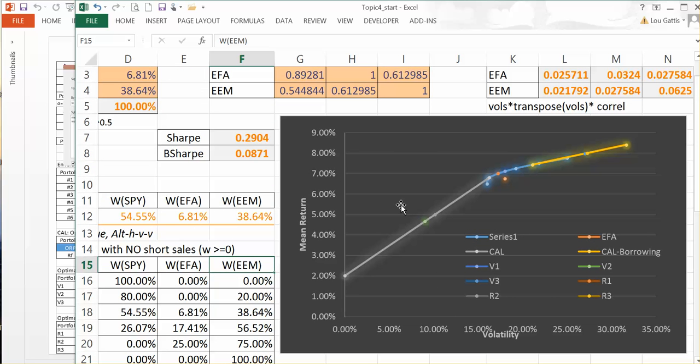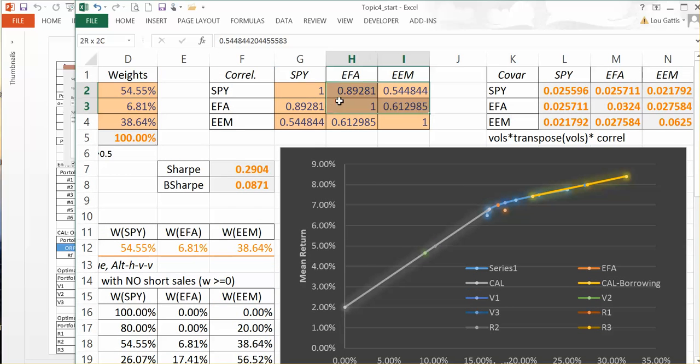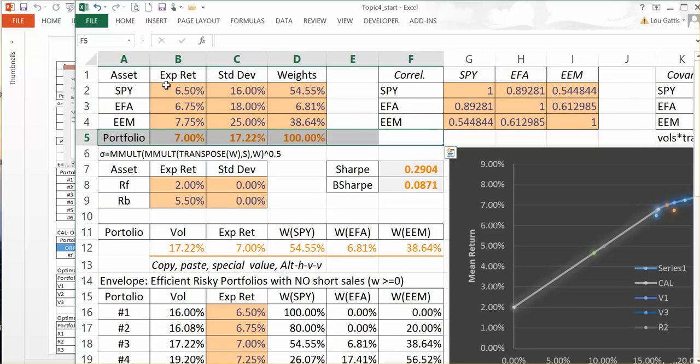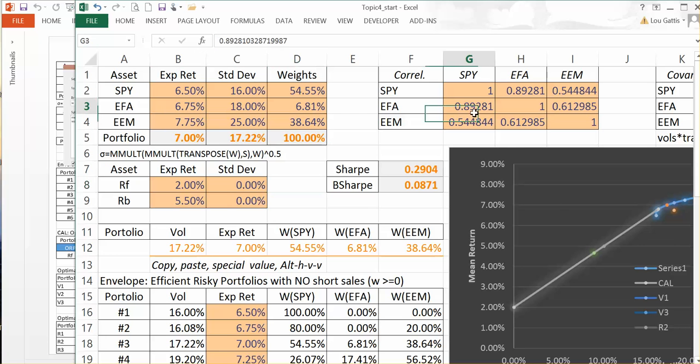One caveat to all this, again, these estimates are only as good as our estimates of correlation, return, and standard deviation. If, for example, you believe that these correlations are closer to 1, you can plug those in and rerun this. If you think the volatilities of EFA or the expected return of EFA might be down given the market conditions, you could change that.